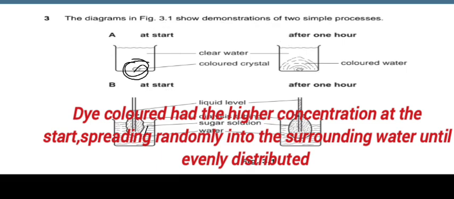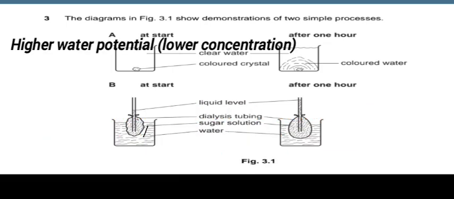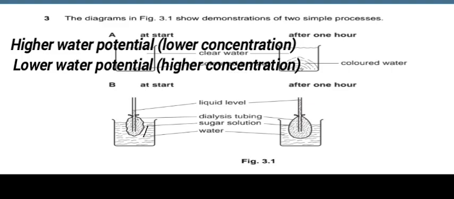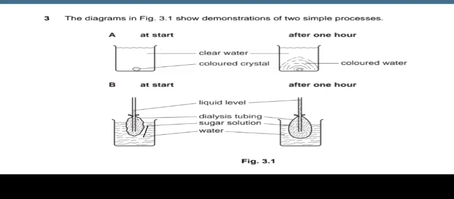Then when it comes to B, there are 2 terms which are used under osmosis: higher water potential and lower water potential. When you talk of lower water potential, it is a solution with more solutes.